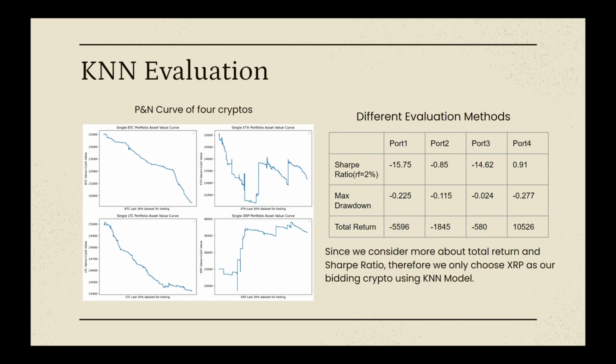And according to the calculation at the right side, we could see the four portfolios' Sharpe ratios are negative 15.7, negative 0.85, negative 14.6, and positive 0.9.